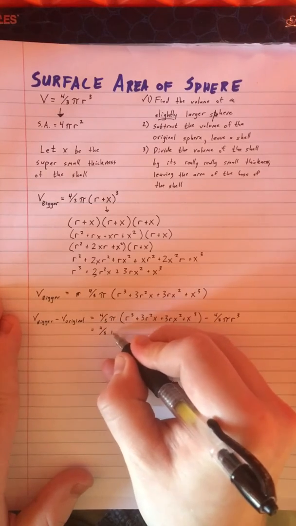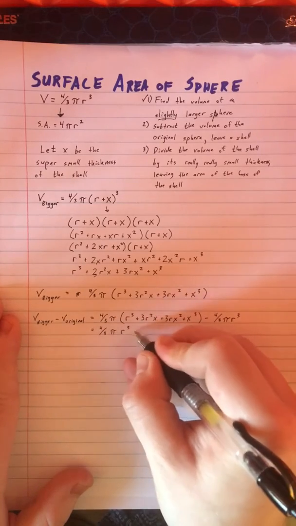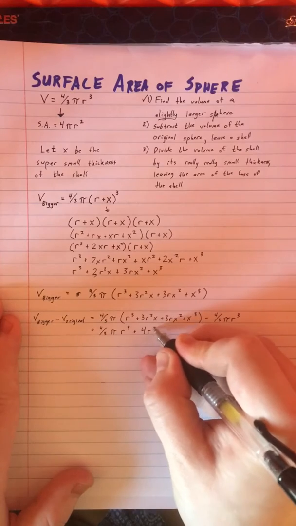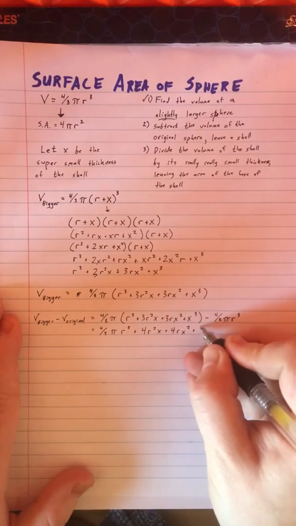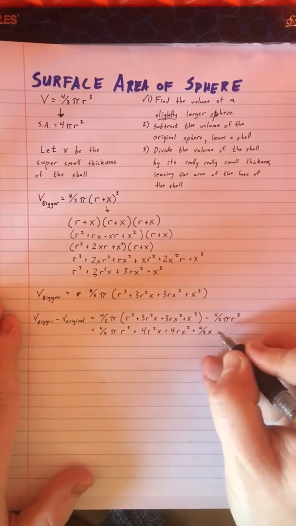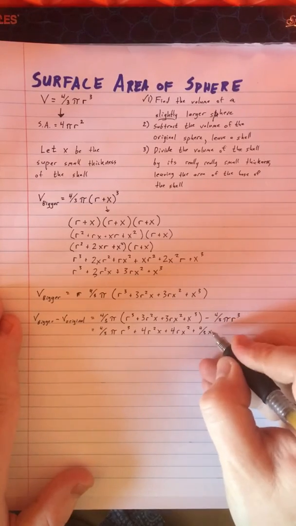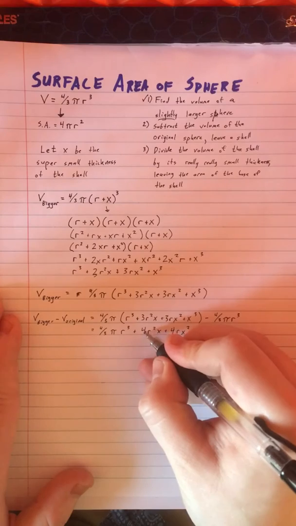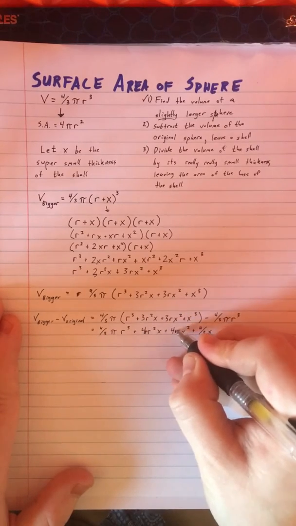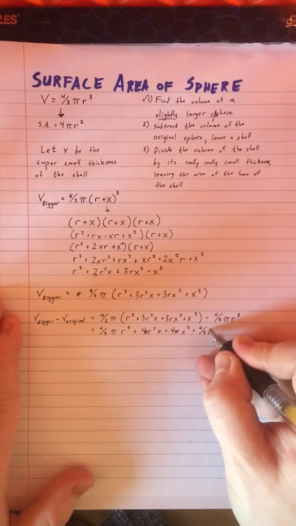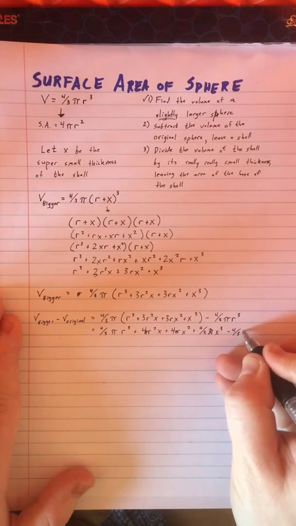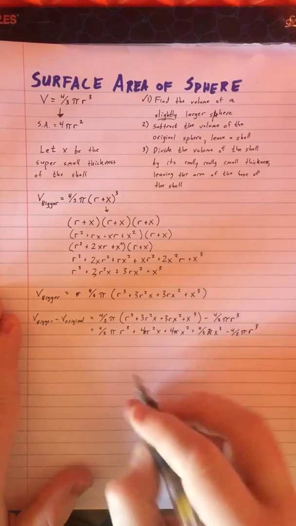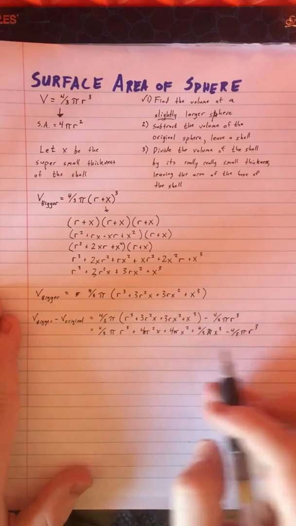Parentheses make everything more difficult. Should be a pi term in all those guys. We end up with something that looks like this.